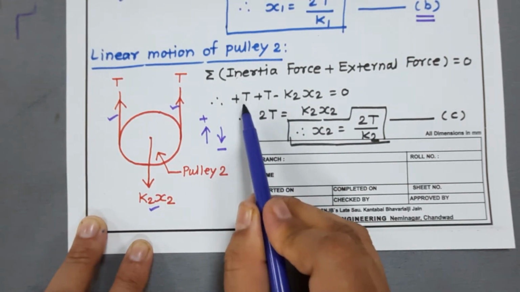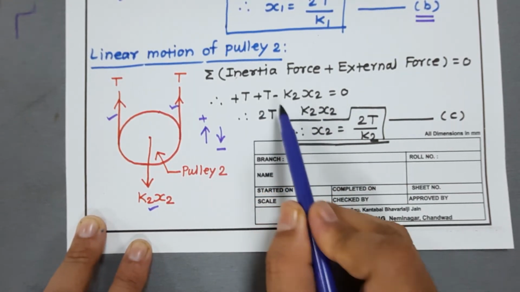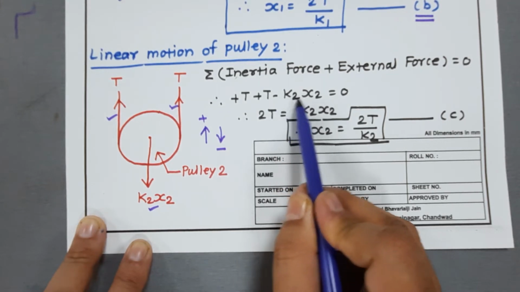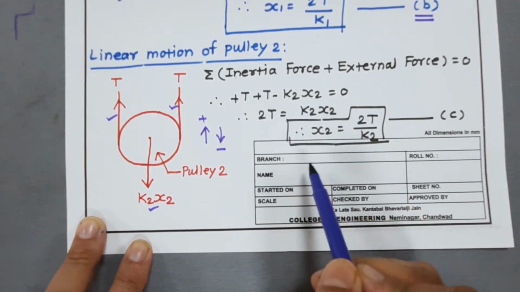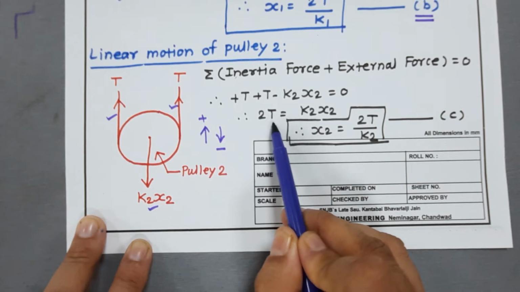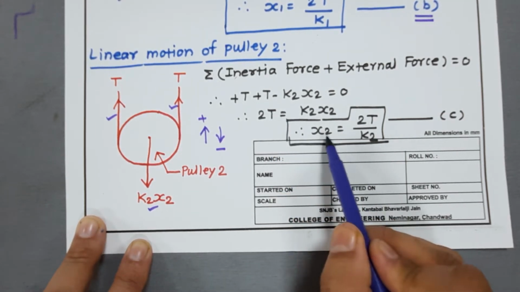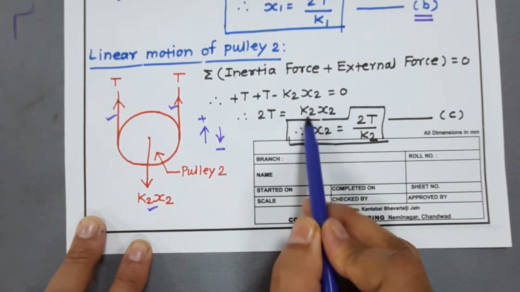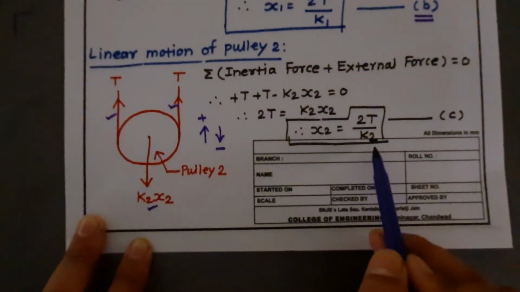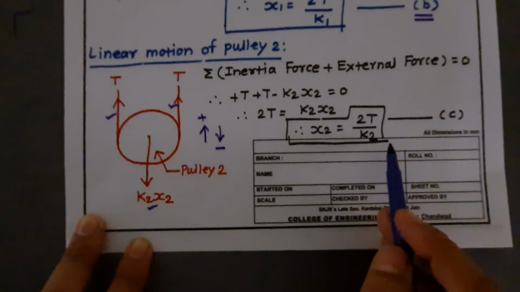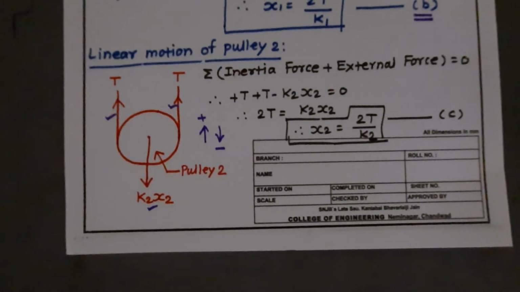Therefore T plus T, this is 2T, is equal to K2 X2, after shifting this term to the right hand side. So we have the equation 2T is equal to K2 X2. Therefore X2 can be calculated as 2T divided by K2. This is called equation number C.